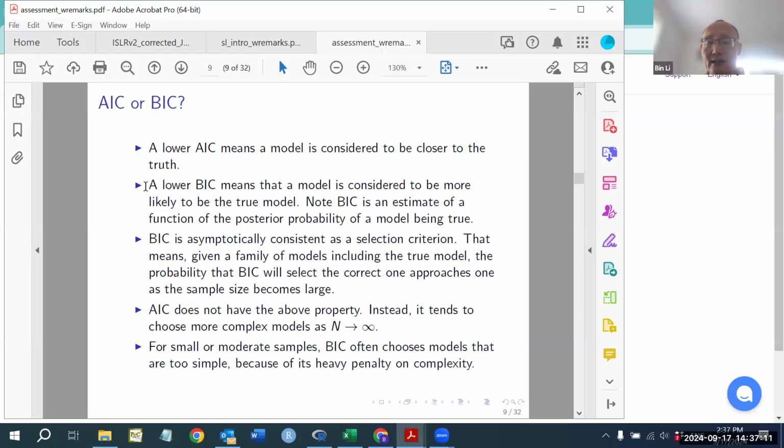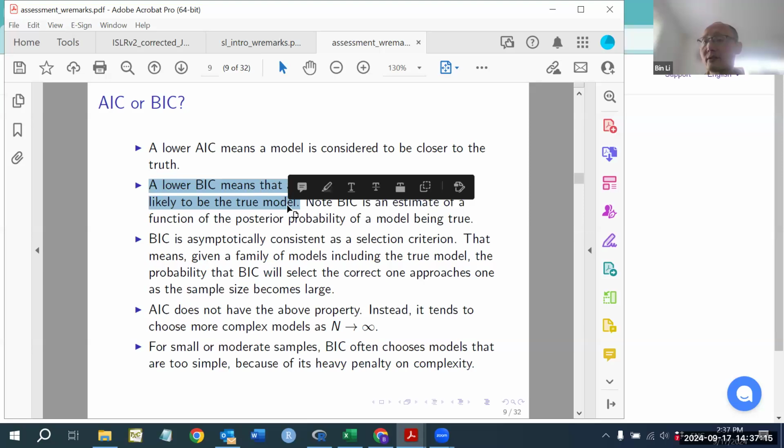Okay, and you may say, what's the difference? Still don't know the difference. So here, just to give you some idea. AIC is more like a humble approach. The AIC approach does not assume the model space that we explored includes the true model. So maybe the model space that we explored here doesn't include the true model.